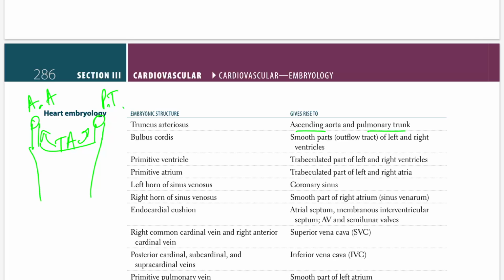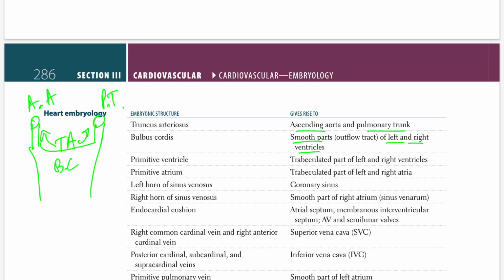And these two things are just the things which are coming out of the heart. Now we have the bulbus cordis. It is the smooth part of the left and right ventricle.